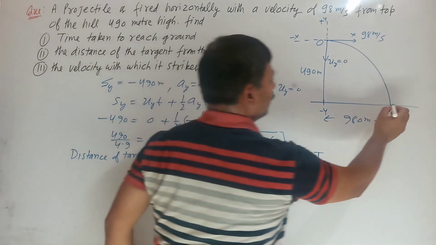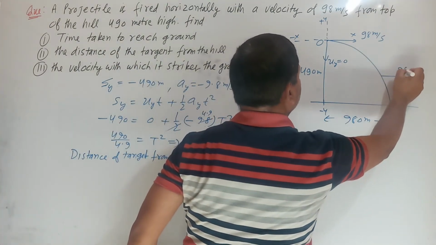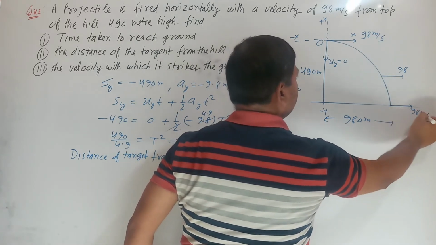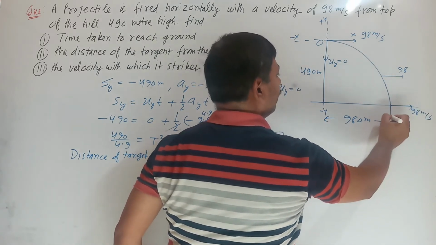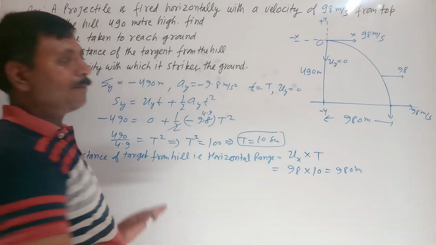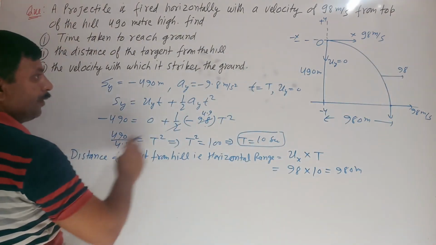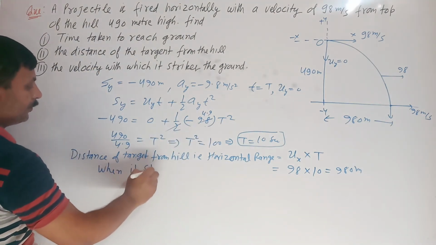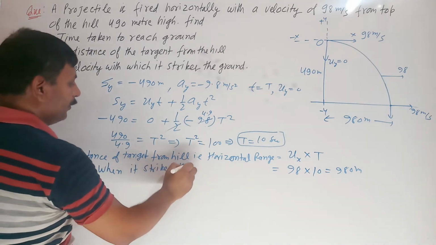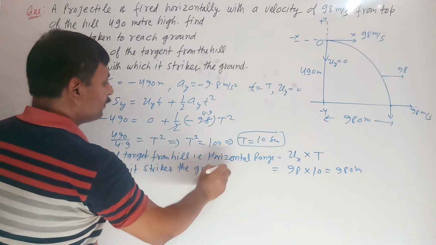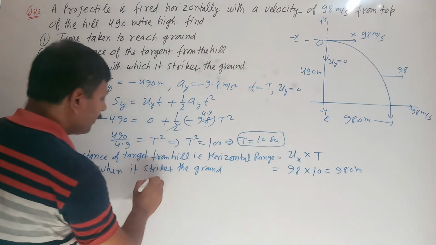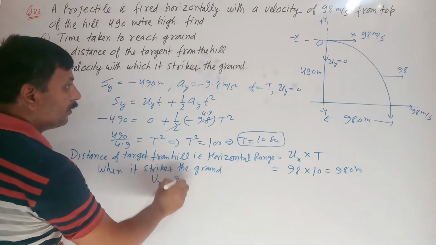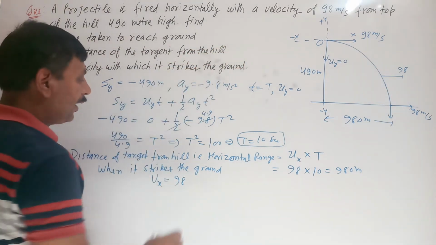See here, I have told you the horizontal component will be the same. Here also the horizontal component will be 98 meters per second. What will be the vertical component when it strikes the ground? The horizontal component at that point is the same as the initial, 98 meters per second.